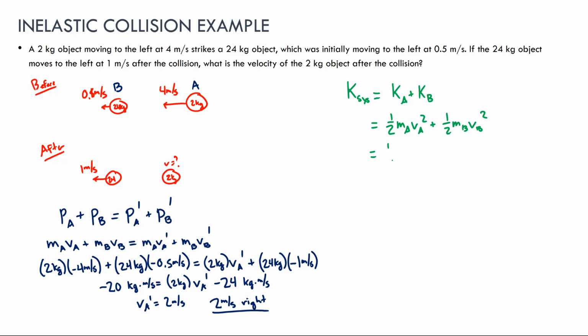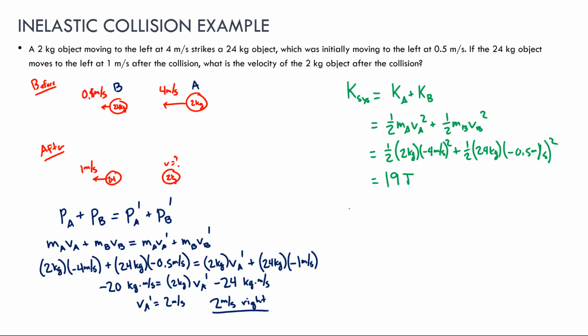If I plug in the values, it'd be 1/2 times 2 kilograms times (-4 meters per second) squared plus 1/2 times 24 kilograms times (-0.5 meters per second) squared, which gives a total kinetic energy of 19 joules.